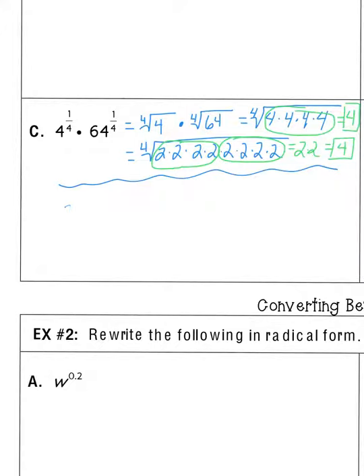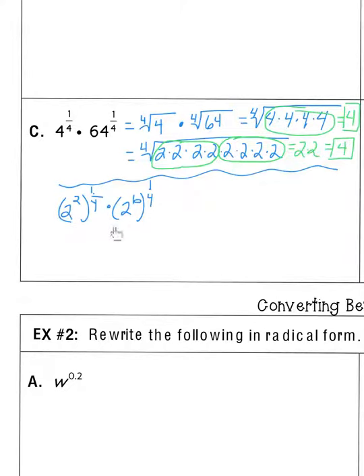So 4 is 2 squared, and I'm going to raise that to the 1/4. Why? Because that's what the problem says. So 4 is 2 squared raised to the 1/4 times 64 is 2 to the 6th, and it's raised to the 1/4.